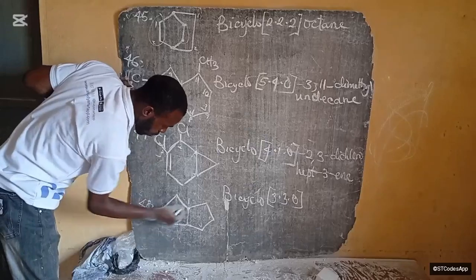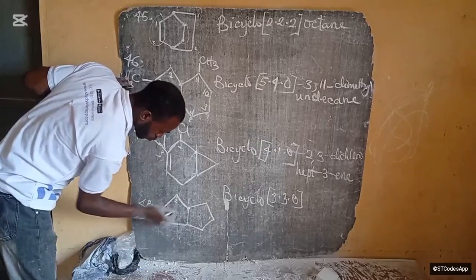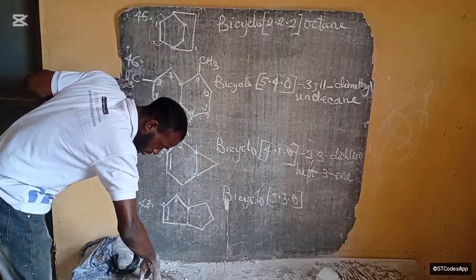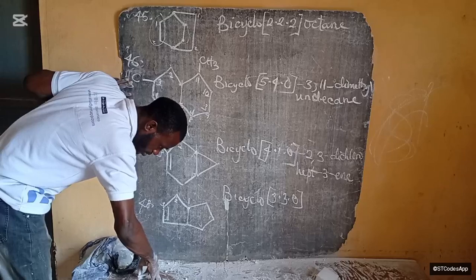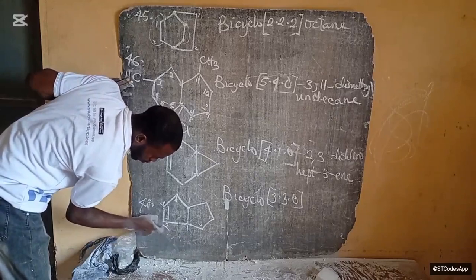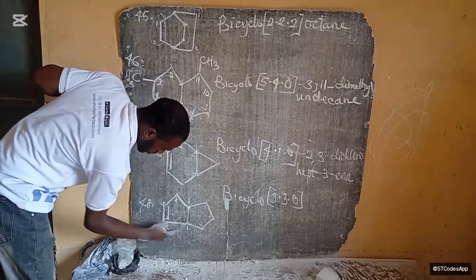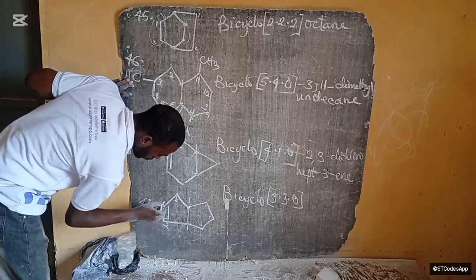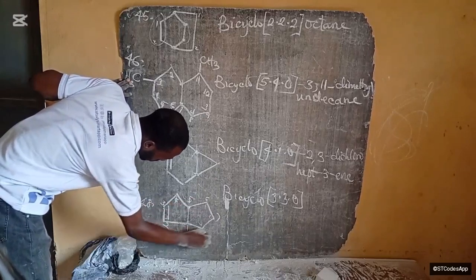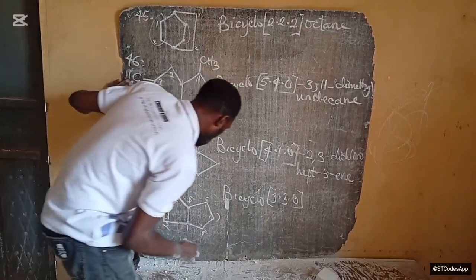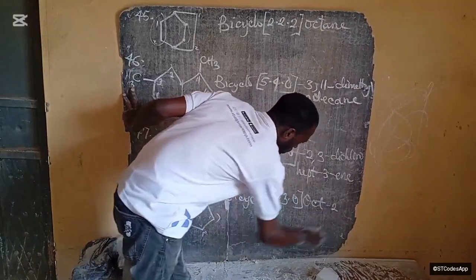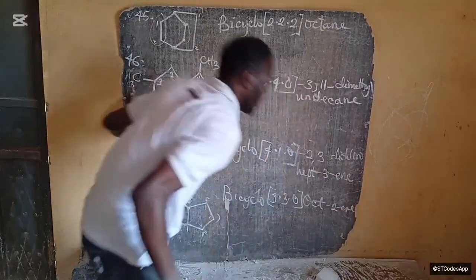So you start from 1, 2, 3 now. Well, we come here, 1, 2. So start from here, 1, 2. So that will be 2, 3, 4, 5, 6, 7, 8. So that will be oct. 2-ene. I hope that is clear.